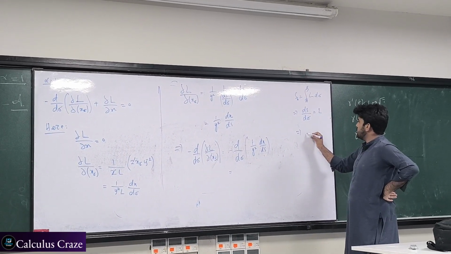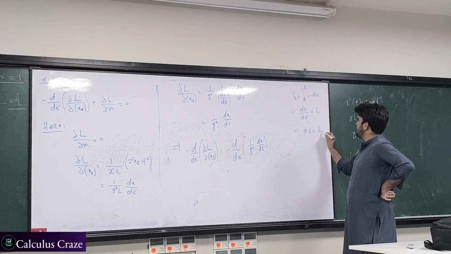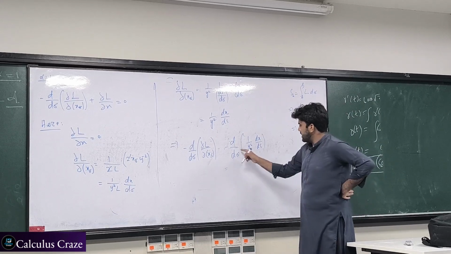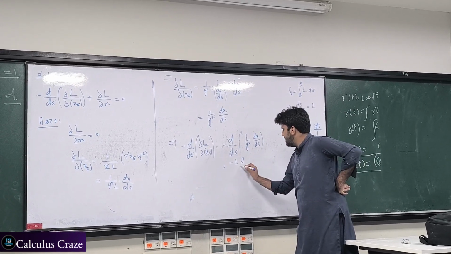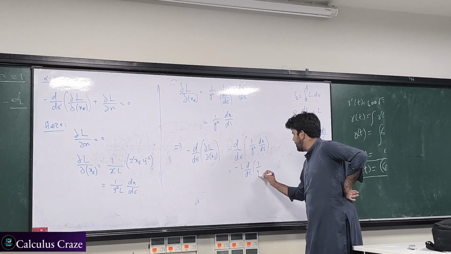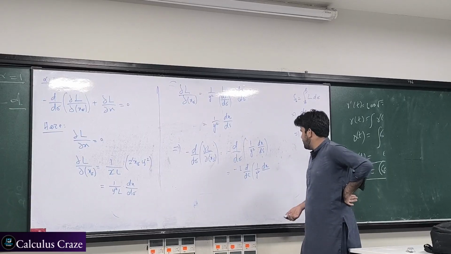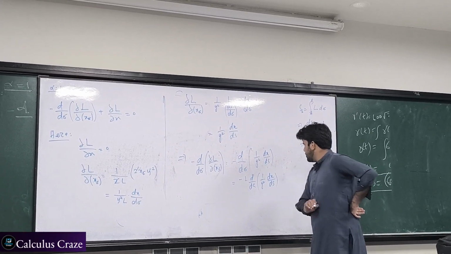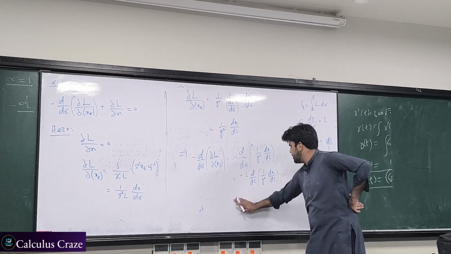I can also say that d sigma is L times ds by L, so I can substitute here and I'll get d by ds. When I say d by ds, I mean the derivative of the variable with respect to that corresponding variable. So it's going to be minus L times whatever this is.